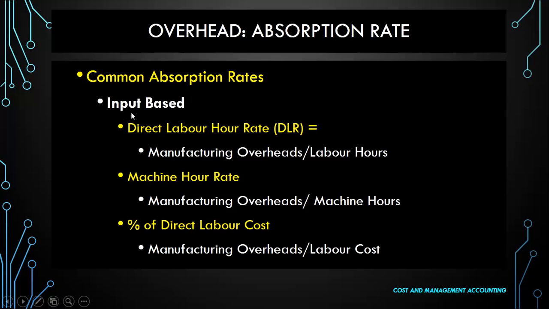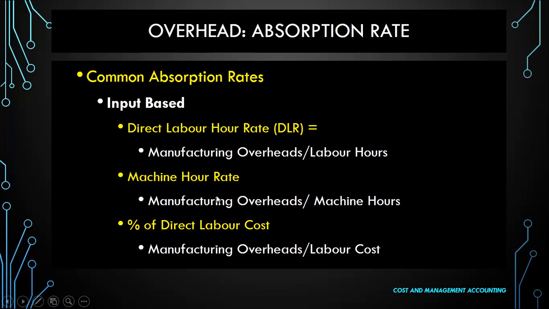So let us see input based absorption rates. The common input based rates are the direct labor hour rate. If manufacturing overheads are predominantly labor driven, then they are absorbed by using the labor hours as the driver, so you get the direct labor hour rate.